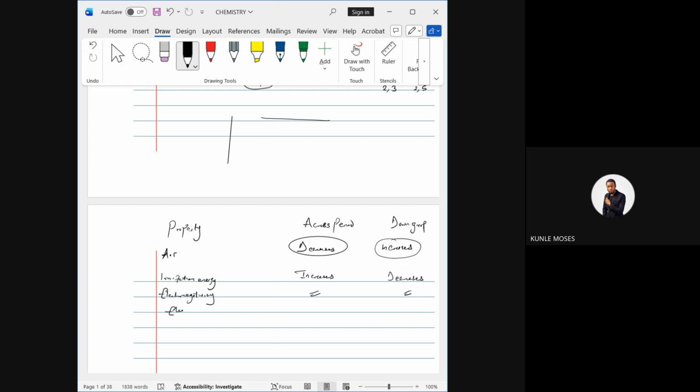Electron affinity increases across the period and decreases down the group. Please, do we get that? Except for atomic radius, every other property increases across the period, and except for atomic radius, every other property decreases down the group. Please, do we get that concept?